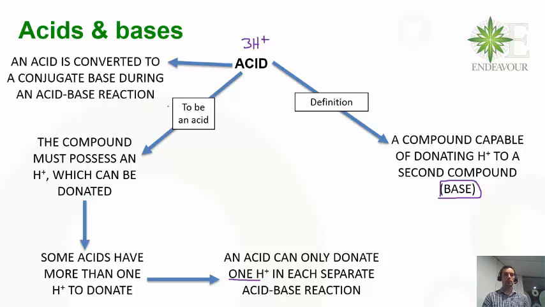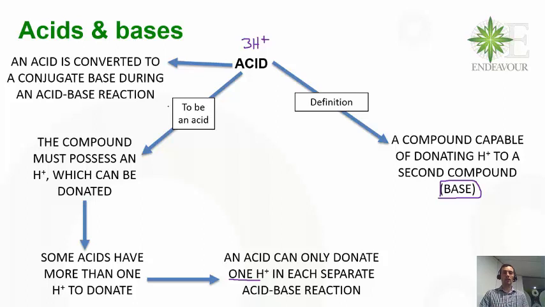Another important characteristic of what happens to an acid in an acid-base reaction is once it actually gives away an H plus, it becomes a component that we call a conjugate base. So essentially, once the acid has given away its H plus, it's no longer the same compound, which we'll investigate when we start looking at the acid-base reactions.